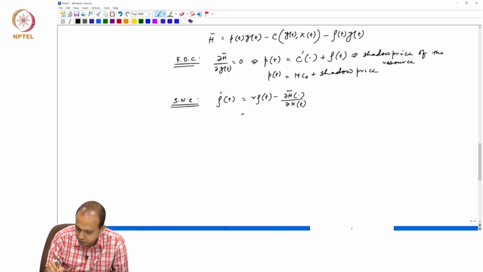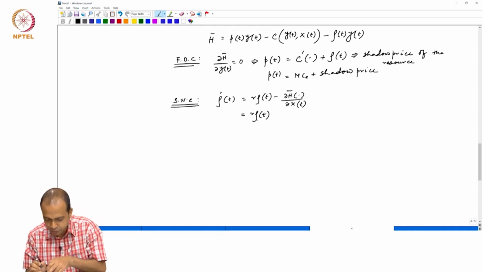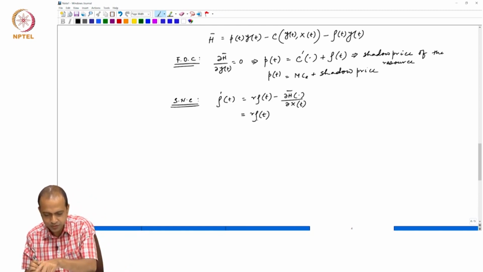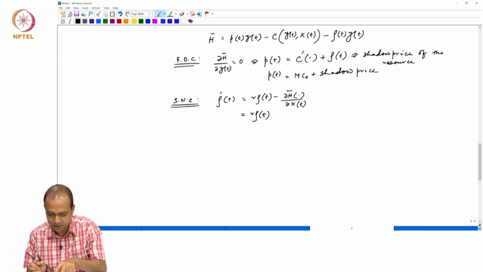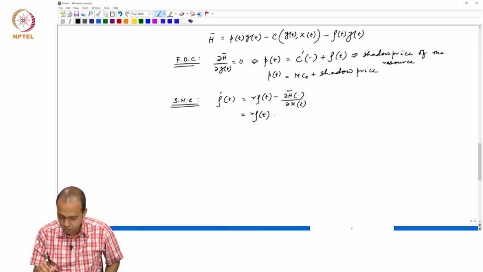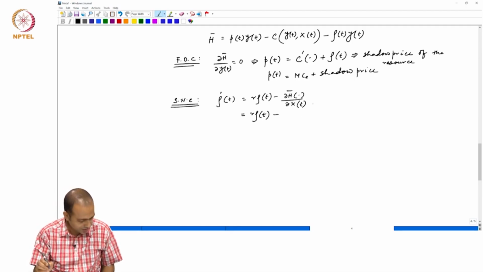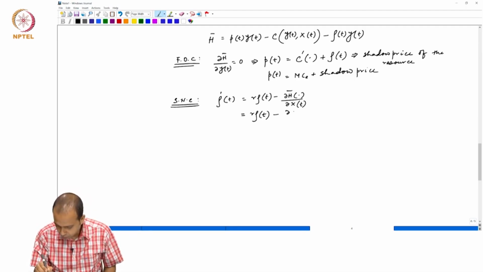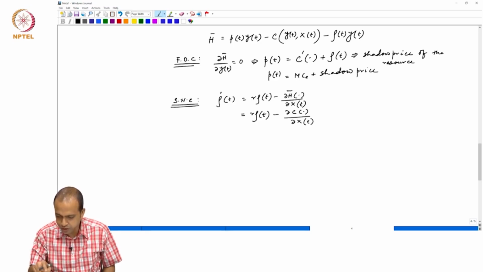Now, from here what I can write, R into rho t, and this del H bar del xt, if you differentiate this function with respect to xt, so that means x is appearing only here in the C function, what I will get is del C del xt, because there is no other place where x is appearing.